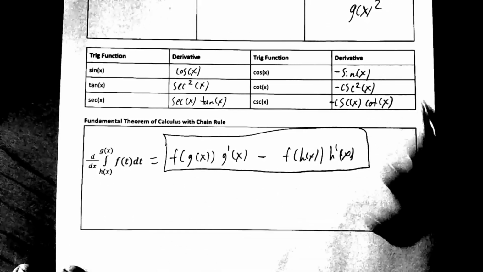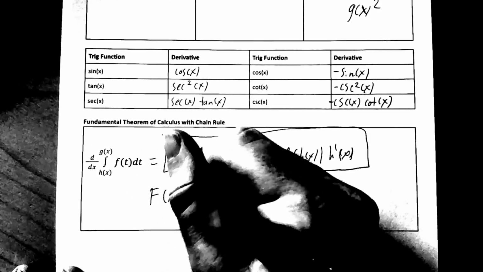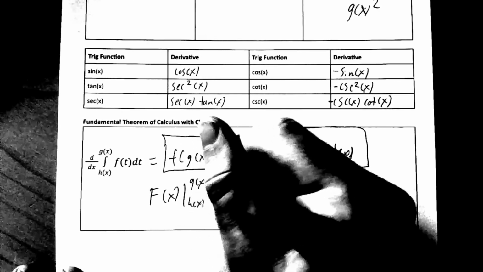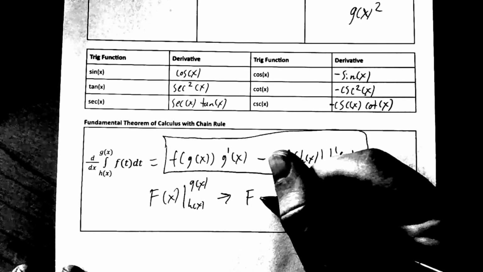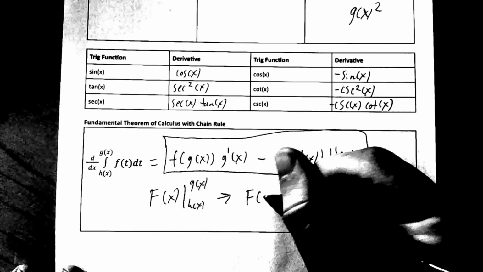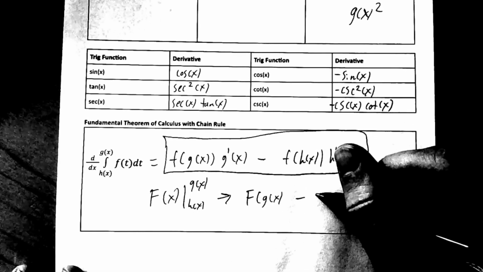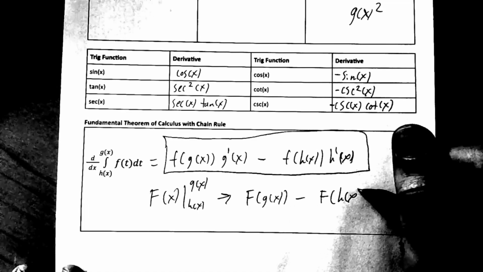But this comes from the fundamental theorem of calculus, where we're doing, you can imagine, f of x from h of x to g of x. Then that becomes f of g of x minus f of h of x.